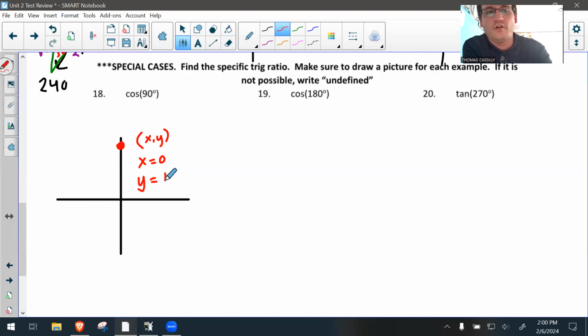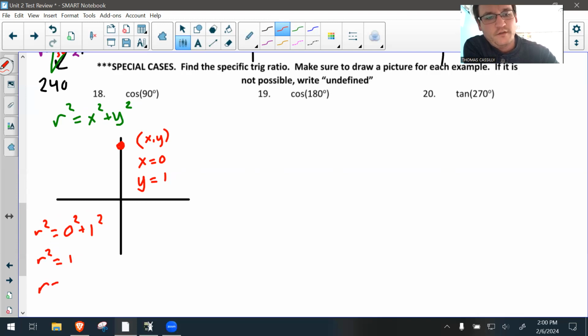On all of these problems, we know that the radius squared equals x squared plus y squared. So if we just wanted to plug that in, the radius squared is 0 squared plus 1 squared. So radius squared equals 1, so the radius is equal to 1.